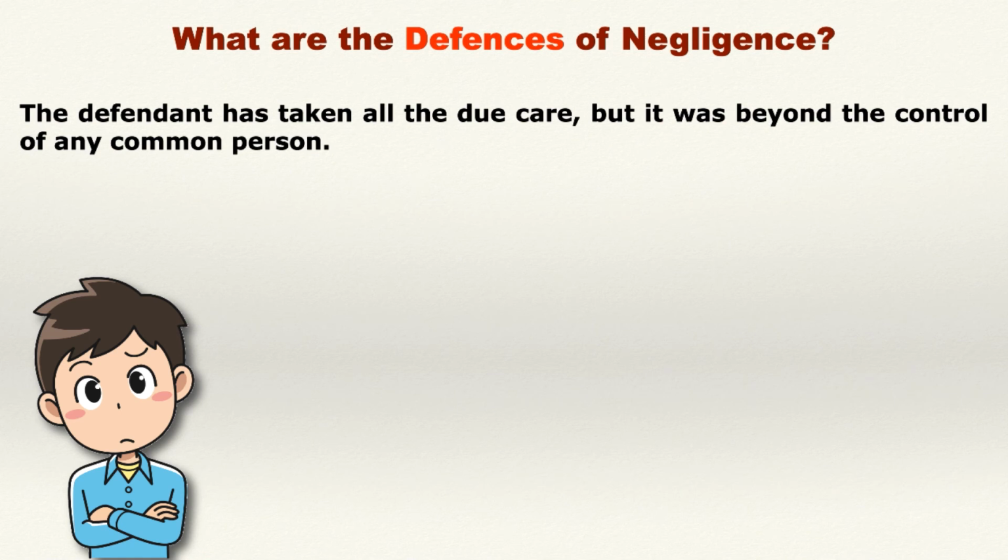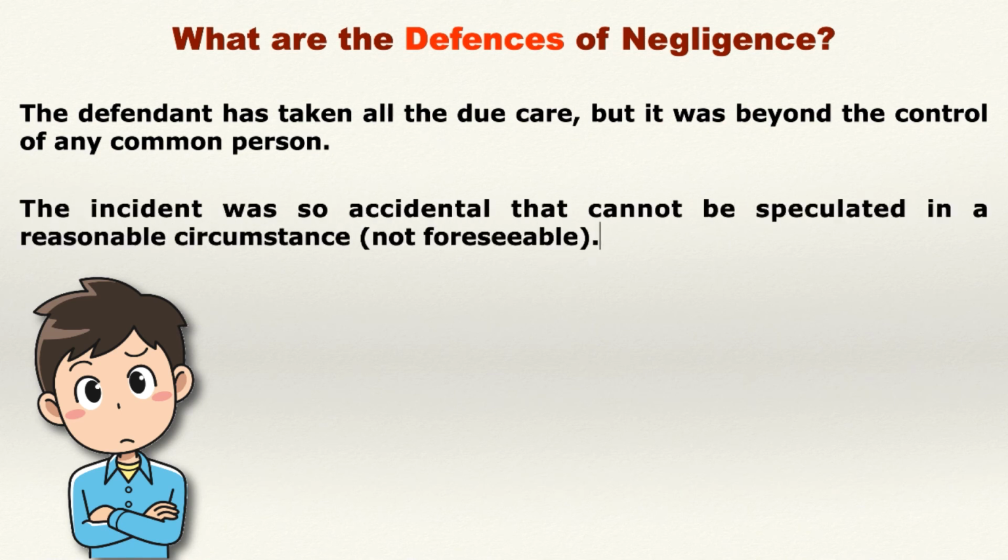The next one is the incident was so accidental that it cannot be speculated in a reasonable circumstance. That is, it is not foreseeable. You can think of something in advance, fine, but there are certain things that cannot be speculated in advance and that happened.